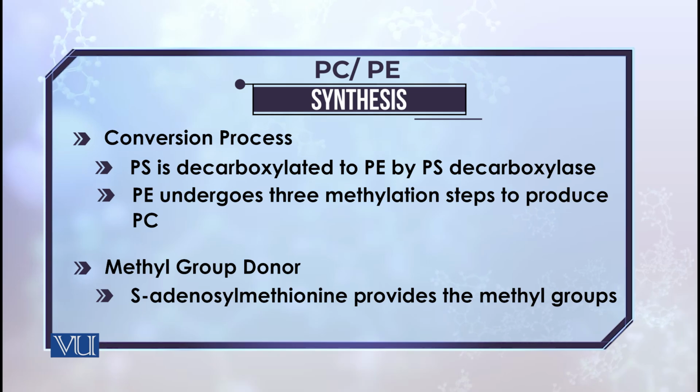Of course, there is a combination of different reactions, but for the sake of simplicity we are showing you the major reaction which leads to the formation of phosphatidylcholine from phosphatidylethanolamine through the action of N-methyltransferase.